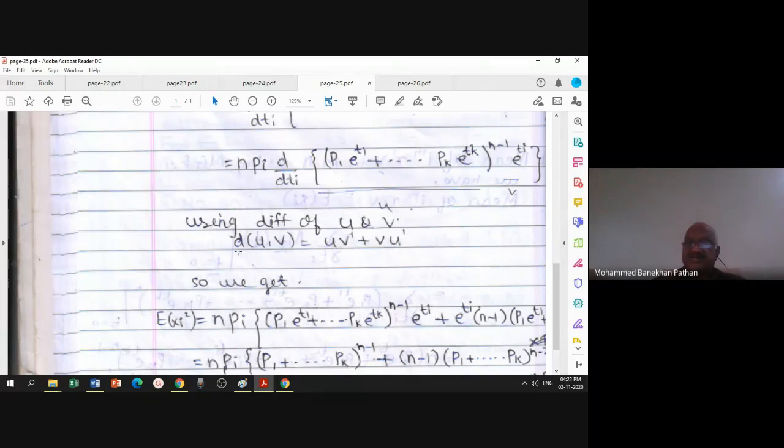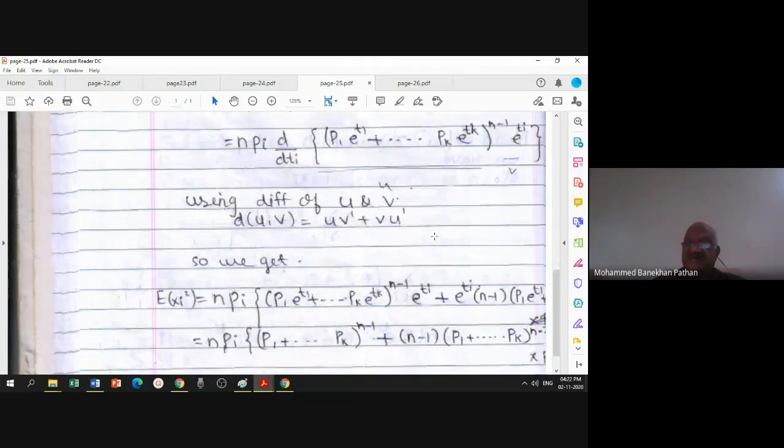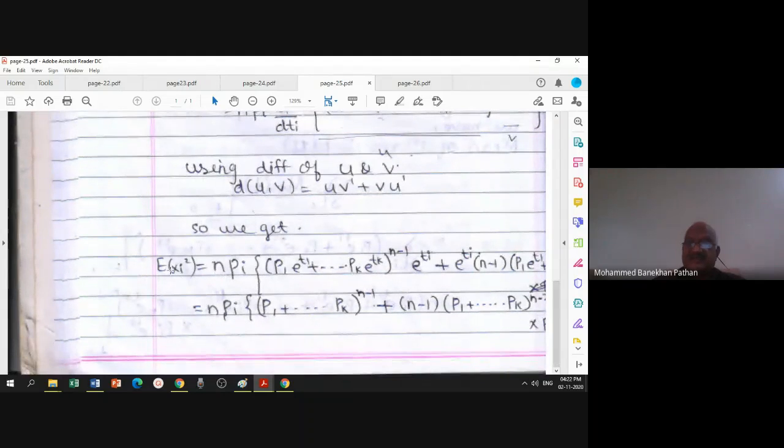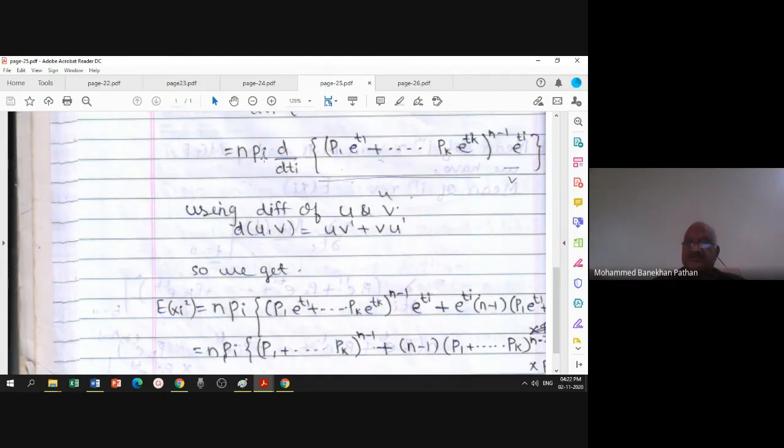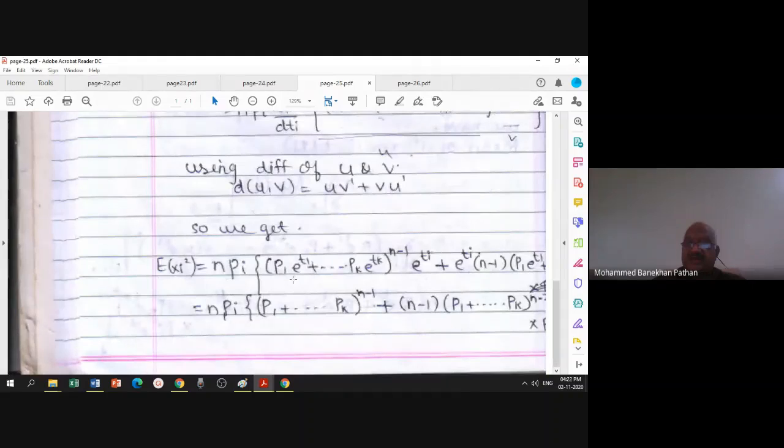So by using this result, we get the answer like this: E of xi square equals n times pi, which is outside the term, complete bracket as it is, power n minus 1, so first term as it is and differentiation of the exponential remains as it is, plus second term as it is into differentiation of the first term.